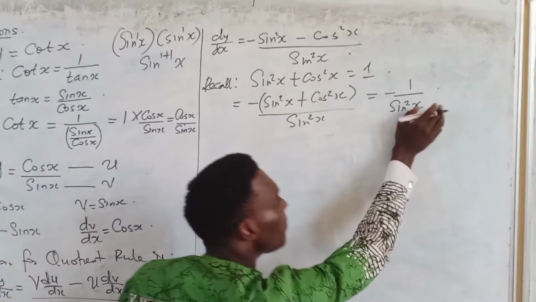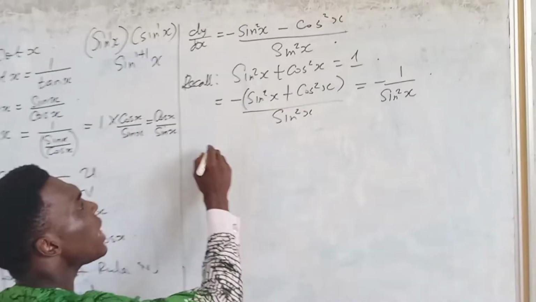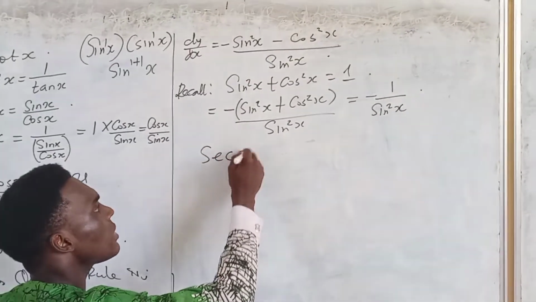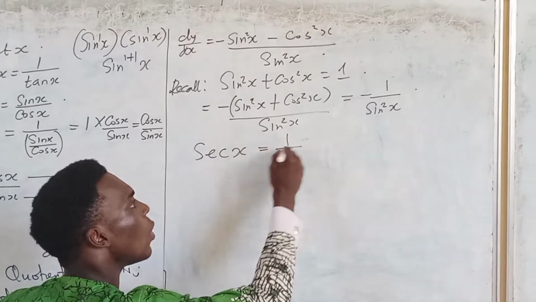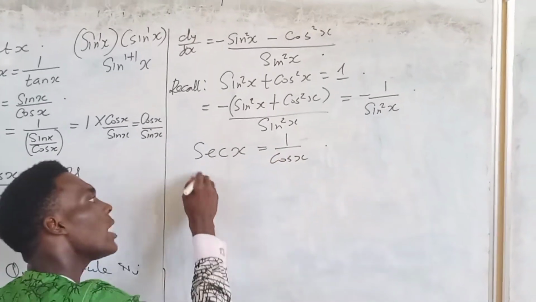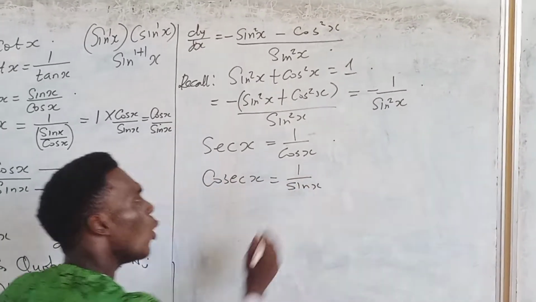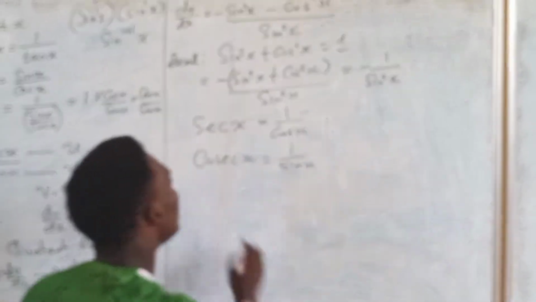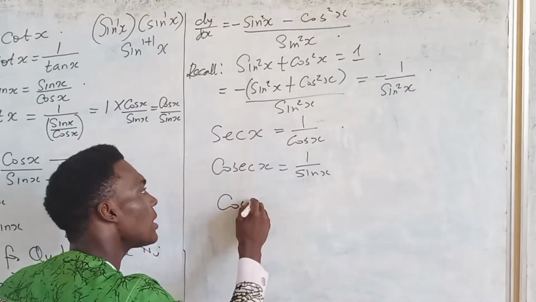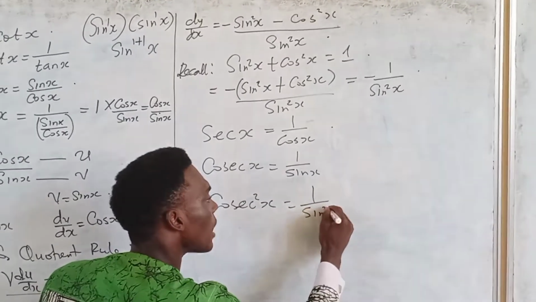Now this might be our final answer, but we also recall from trig identities that sec x is the same thing as 1 over cos x, and cosec x is the same thing as 1 over sin x. Which means 1 over sin squared x is the same thing as cosec squared x.